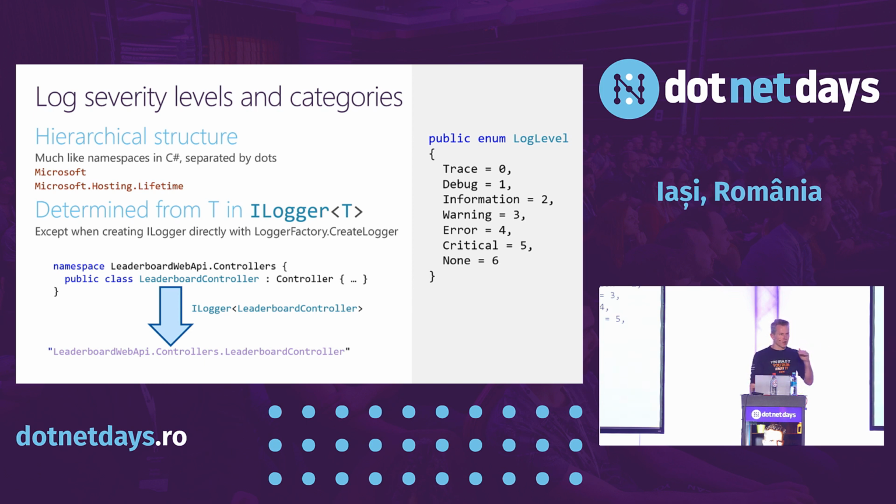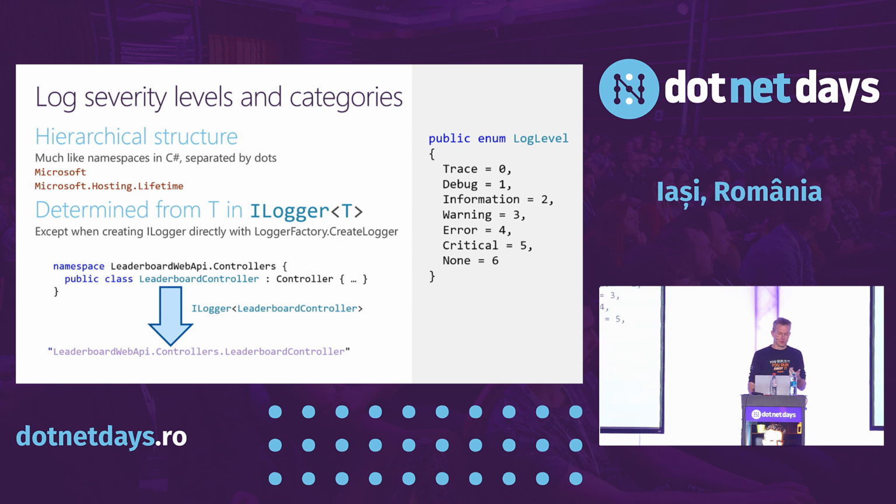And the ILogger of T, which is used most of the time, the T doesn't really mean anything except that they use the fully qualified name of your type as the category. So if you have something like the Leaderboard Web API controller's namespace with a Leaderboard controller inside, it will give you a category with all of those things. And that makes it easy to search for it, to filter on it, because you can filter on Leaderboard Web API, which is a service-specific one, or even your class.